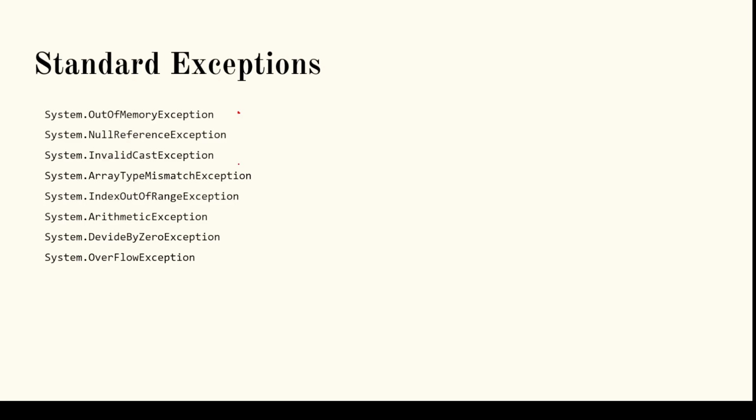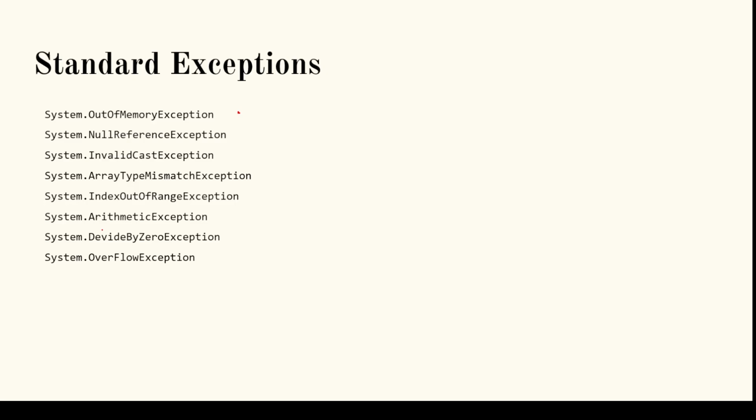For example, if we have an array of size 5 and we are trying to access index 10, the 10th index will not be available and we will throw an index out of range exception. Arithmetic exception will occur when we are trying to do some arithmetic operation and some error occurs. Divide by zero exception.